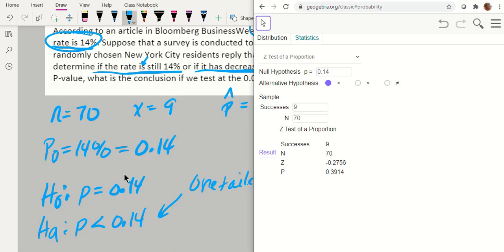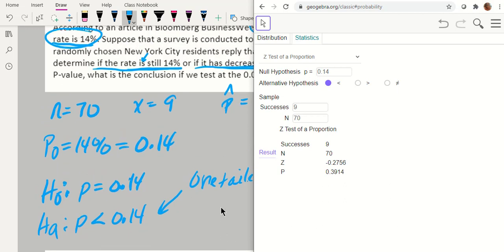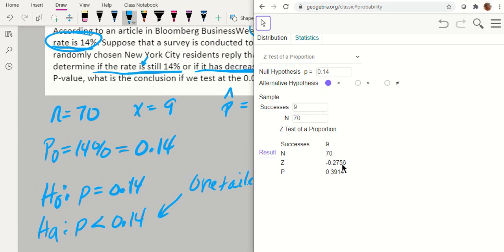Now we can see all of our information. Based upon this, our test statistic, not our t-test, would be negative 0.2756, and our p-value would be 0.3914.